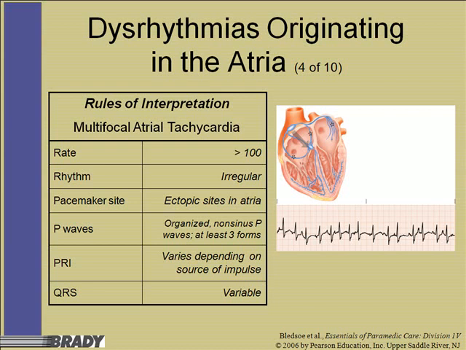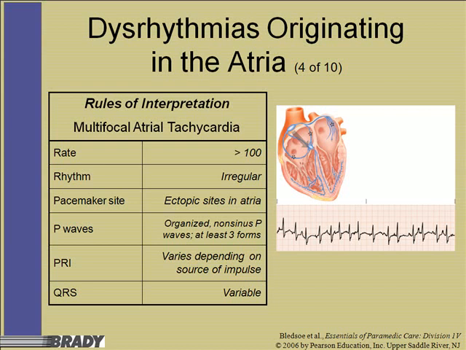So you've got multiple forms there you see on that strip. It's not anything that's consistent. So with that inconsistency, we know it's not firing from the SA node, it's not firing from the same site, and that's what the representation is there in that diagram, with 3 multiple sites being utilized to fire that automaticity.